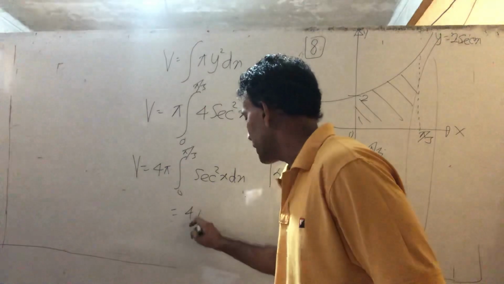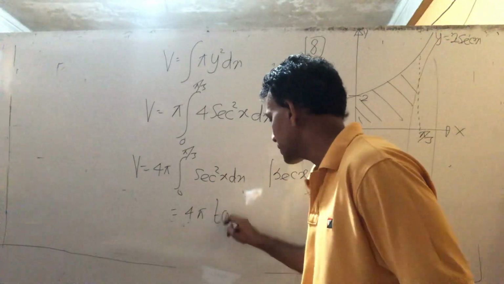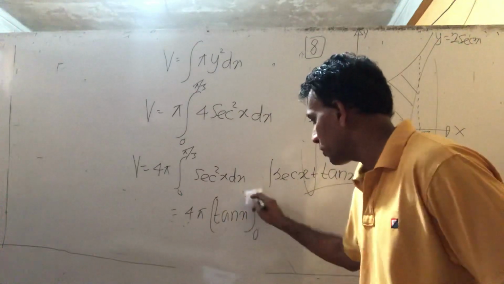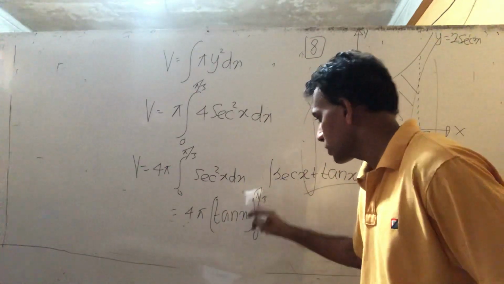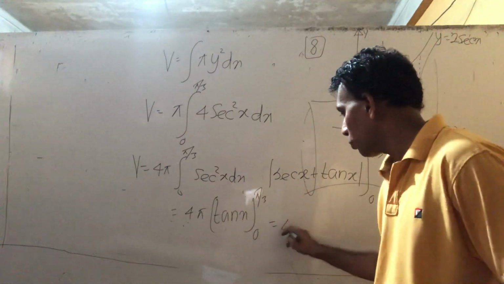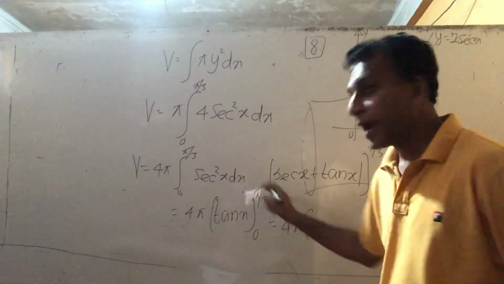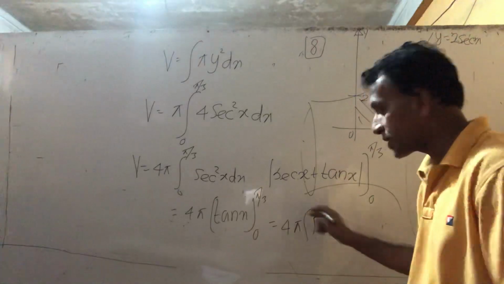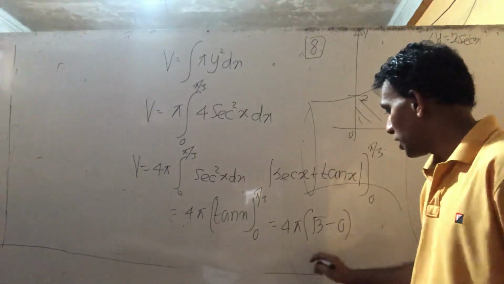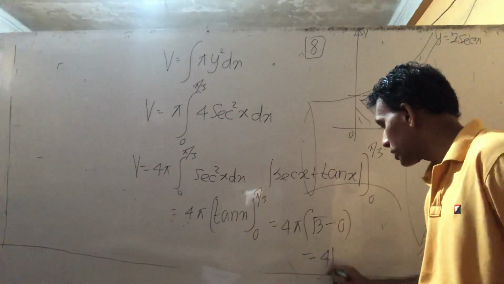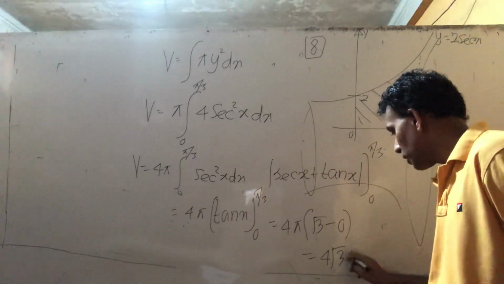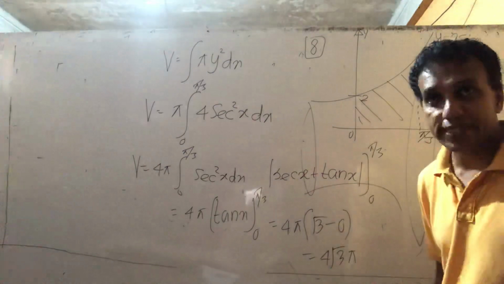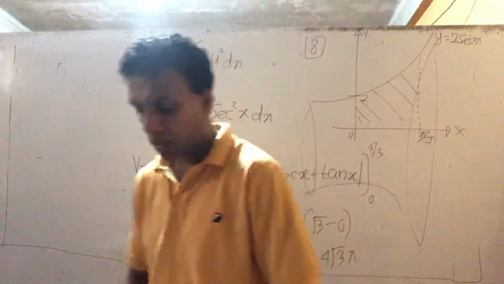So 4 pi times tan x, bounded by 0 to pi by 3. Write the boundary: 4 pi times tan pi by 3, which is root 3, minus tan 0, which is 0. Therefore the answer is 4 root 3 pi cubic units, right? That's the answer.